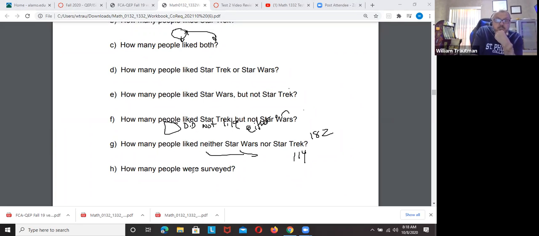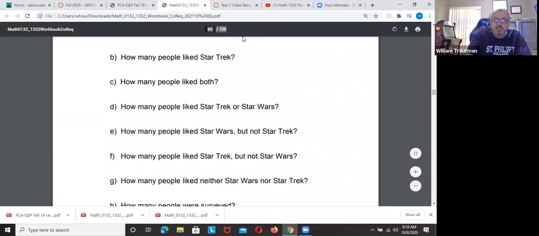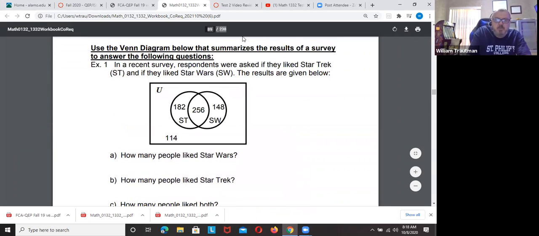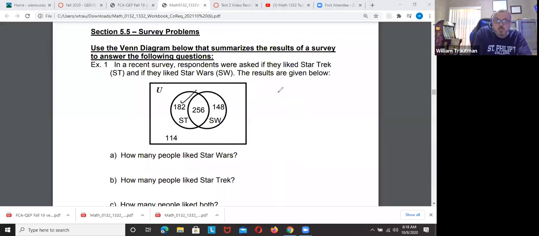Okay, and then finally, how many people were surveyed altogether? To find the number of people surveyed altogether, you just add all the numbers in the universal set. So the number of people surveyed altogether is 182 plus 256 plus 148 plus 114.